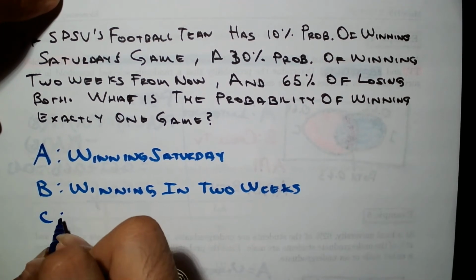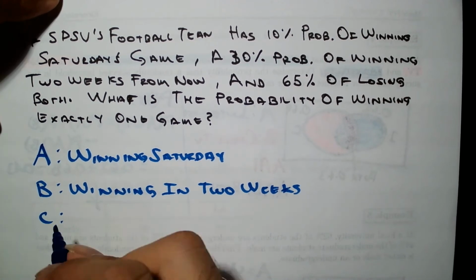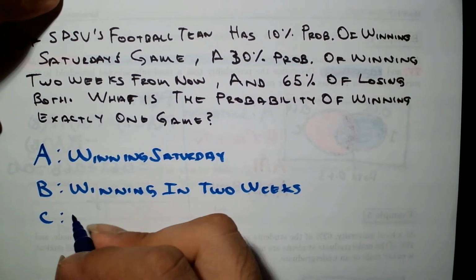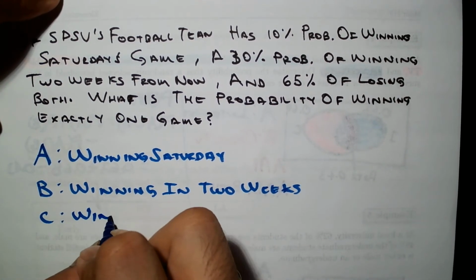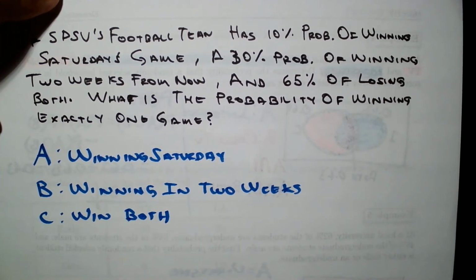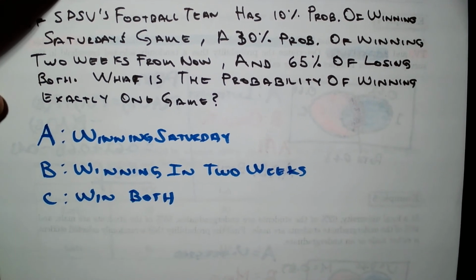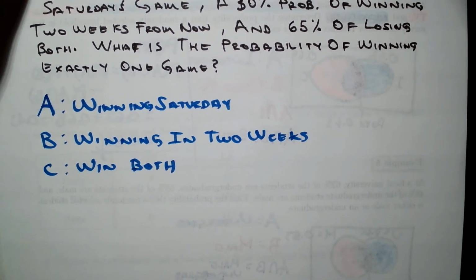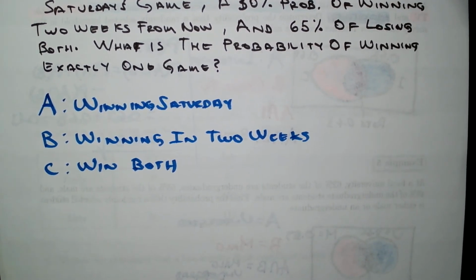And letter C, if they're lucky enough to win both. Because it's possible, in this case we are going to have an intersection of events. Okay, so let's find the probability.